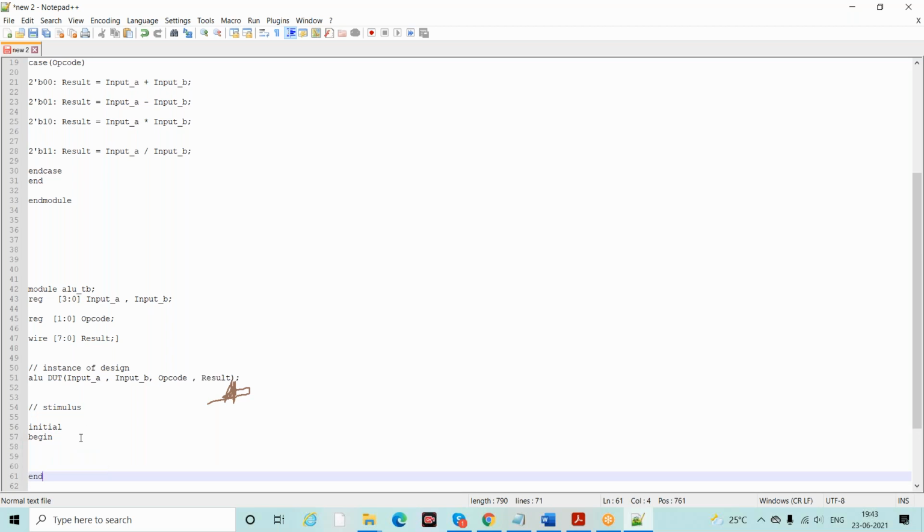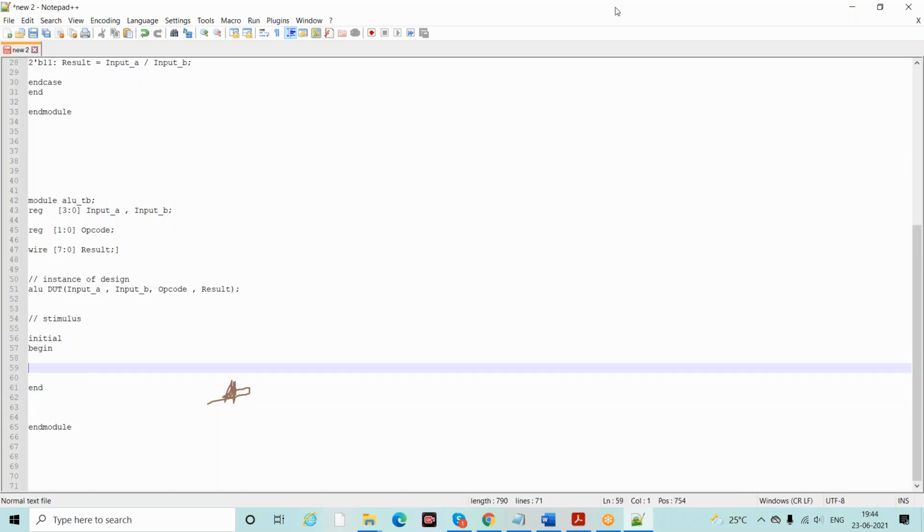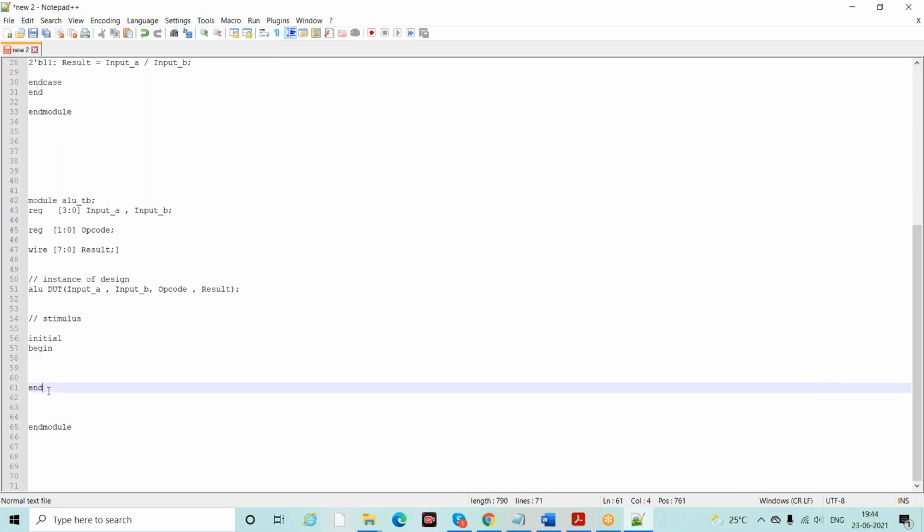You can also follow a standard procedure to write the code. If you follow that standard procedure, you may reduce the compilation errors. See, I begin this, and in the meanwhile, I end this one.